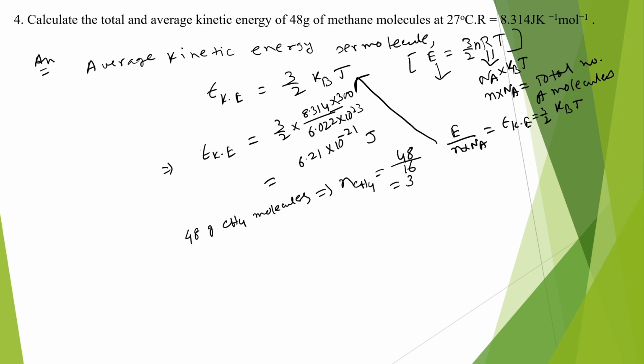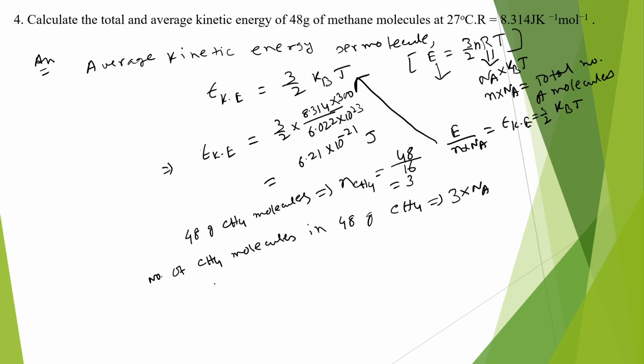So, we get 3. Okay, so 3 is the number of moles of methane. So, the number of methane molecules in 48 gram CH4 is 3 times Avogadro number Na.